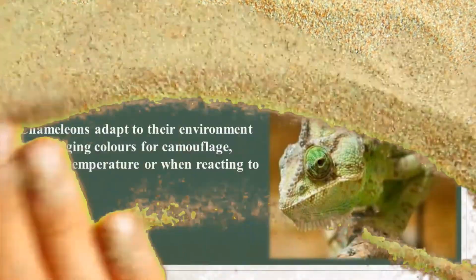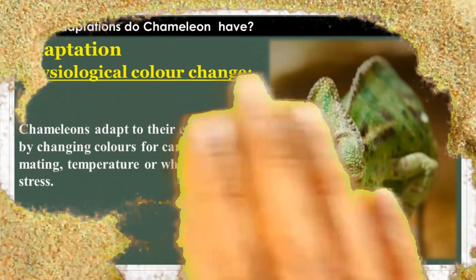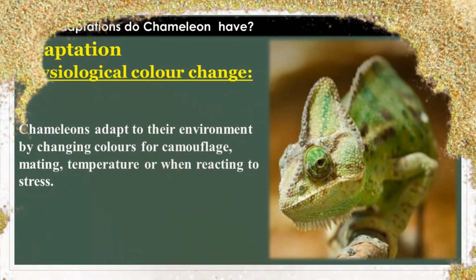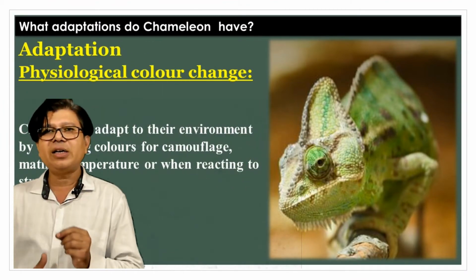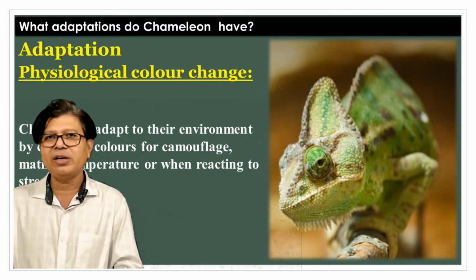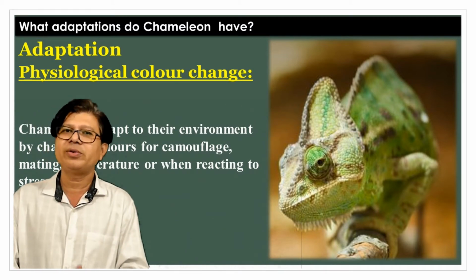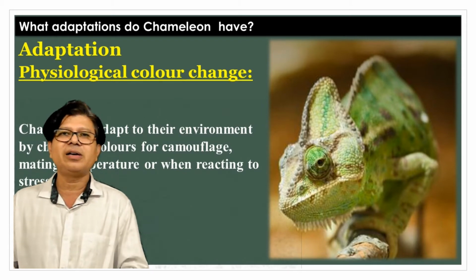Another example in this experimentation is the chameleon. This is a very interesting animal. It can survive under extreme conditions in the desert, as well as in some other regions of the world, but we are discussing here the xeric adaptation.